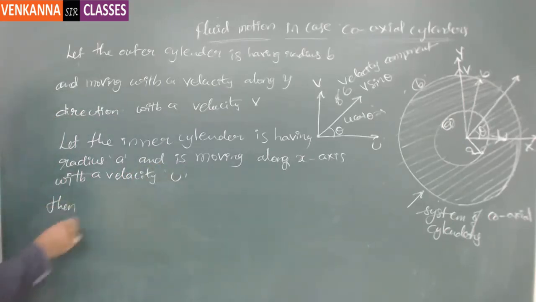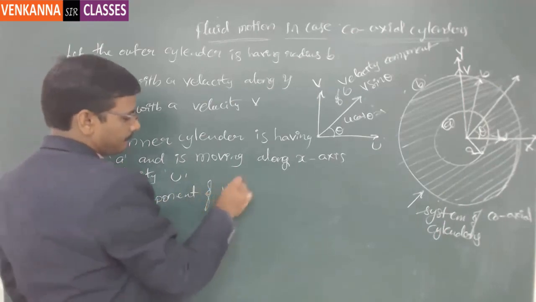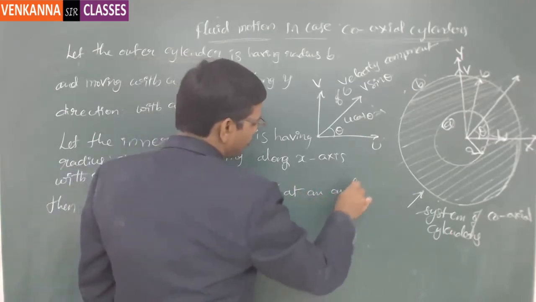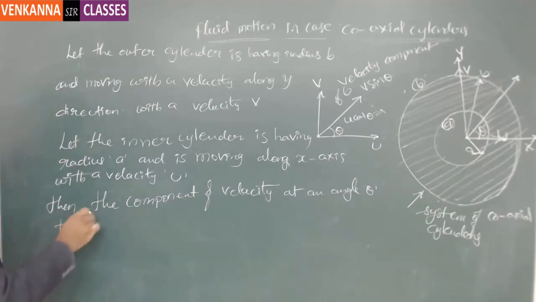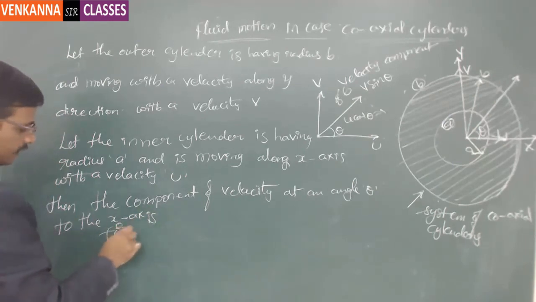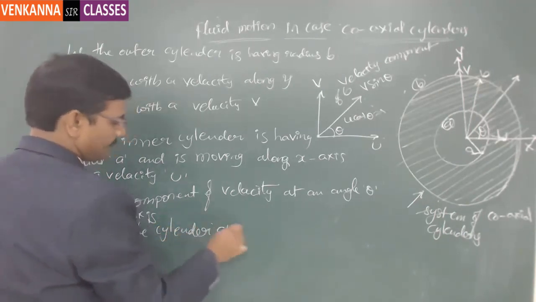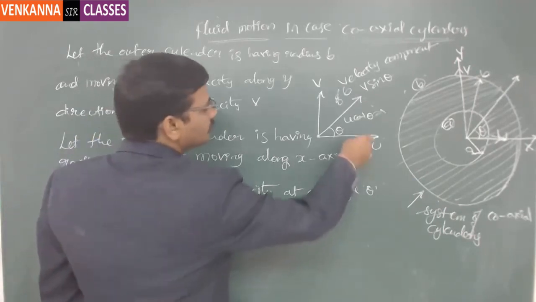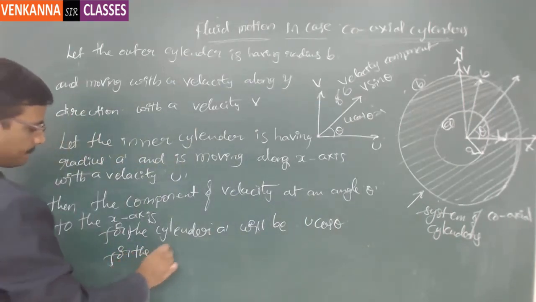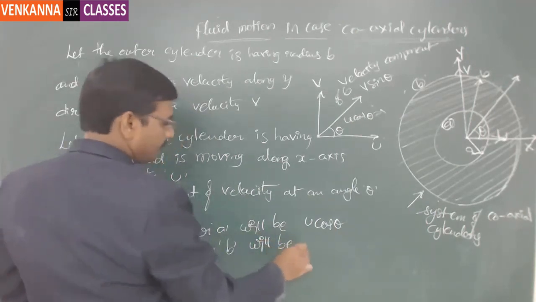Then the component of velocity at an angle theta to the horizontal, or to the x-axis, for the cylinder A will be u cos theta, and for the cylinder B will be v sin theta.